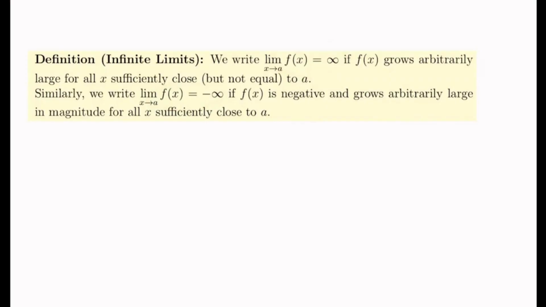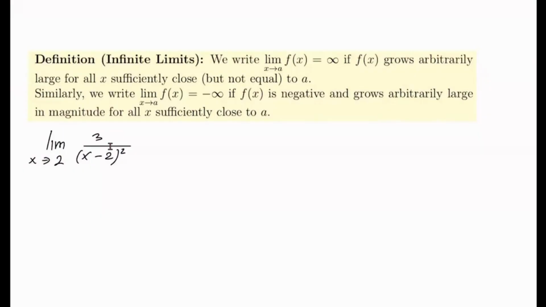Now let's go back and analyze again the example that we did: the limit of 3 over (x - 2) squared as x goes to 2. This is the function we've looked at, and let me explain what's actually happening. The numerator is a constant 3, and the denominator is (x - 2) squared, and squared means that it's always positive.